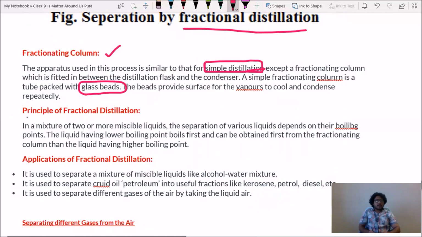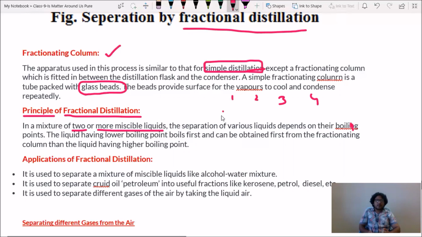Now let us try to understand the principle of fractional distillation. It is quite simple. In a mixture of 2 or more miscible liquids, the separation of various liquids depends on their boiling points. So consider there are 4 liquids in a mixture, 1, 2, 3, 4.